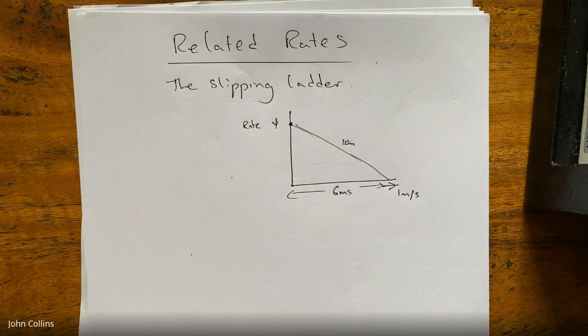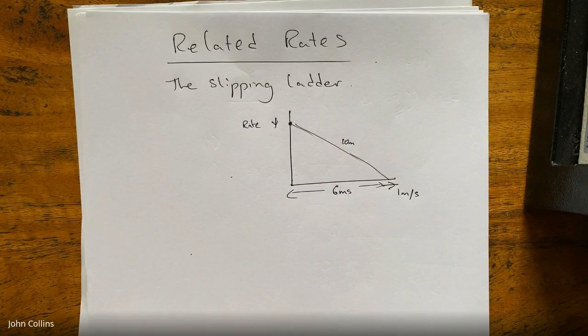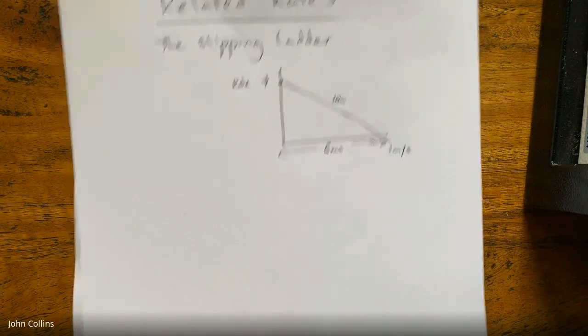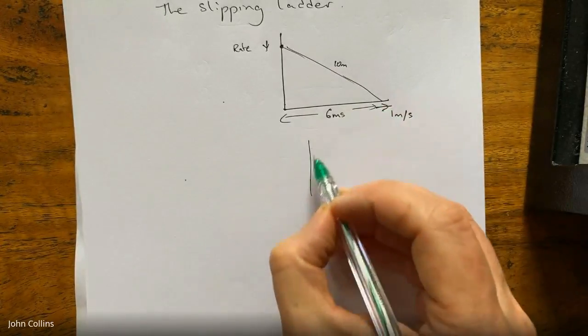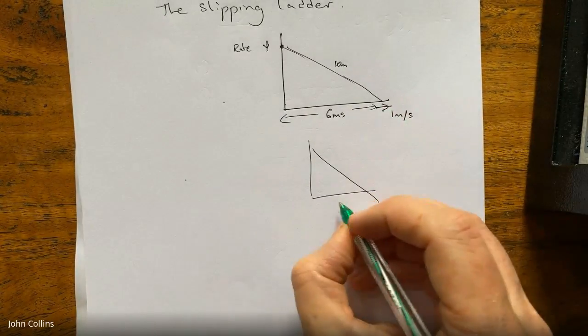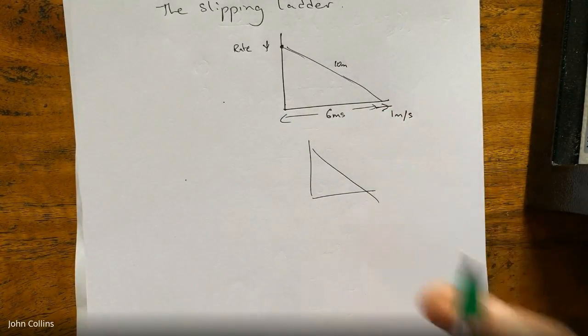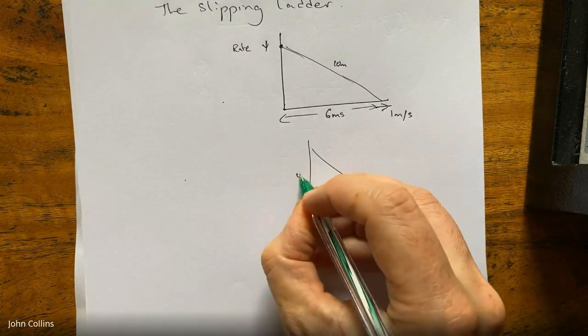That's the question. So in these kind of questions, we need to think about what's constant, what changes, and what equation links everything together. Perhaps you recognize that as a right angle triangle, which of course it is, which means that an equation that would relate these two together is Pythagoras.